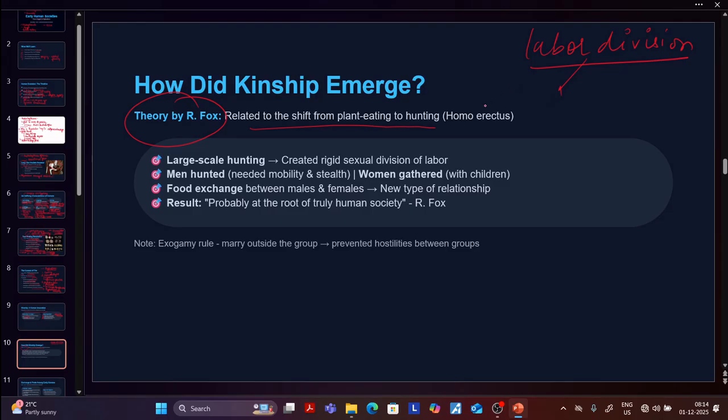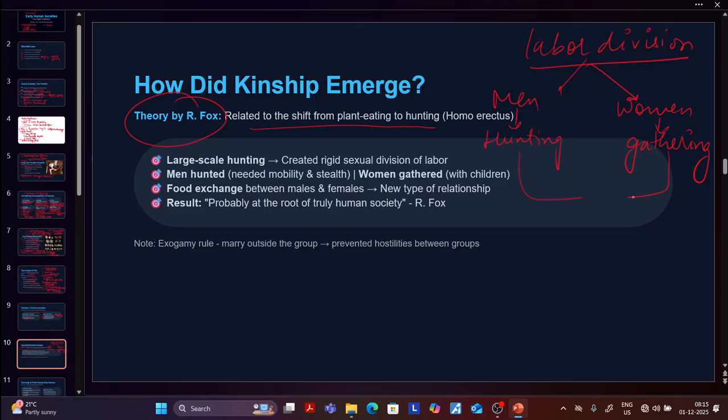So men are hunting, and women are gathering. Gathering allowed accommodation of pregnancy and child care. These different roles created what Fox calls food exchange between males and females.